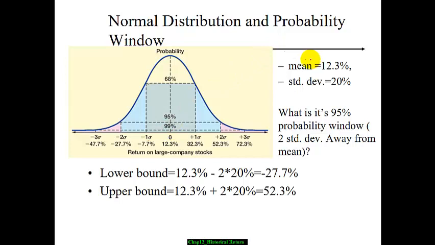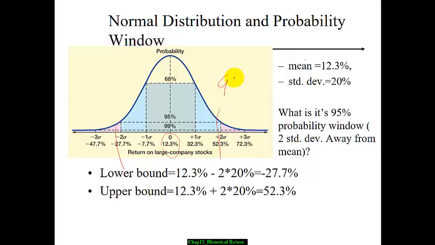Now, our large company security has an average of 12.3. One standard deviation is 20%. So if we are talking about the 95% window, 2 standard deviations is 20% times 2. So we're going to look at the upper bound and the lower bound. From this data, we found out the 95% window has a lower bound of negative 27.7%. The upper bound is 52.3%. So how do we understand this?